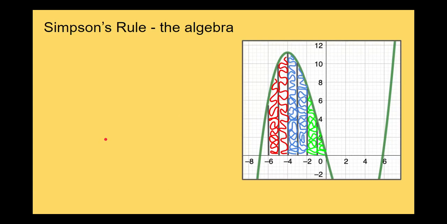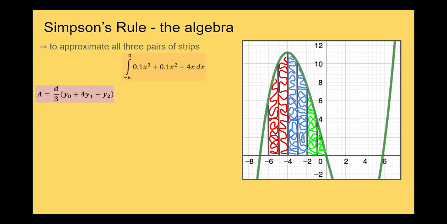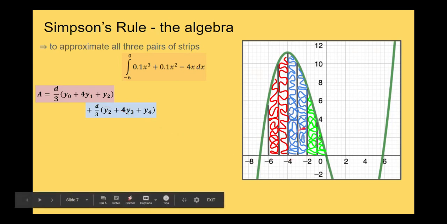So we're after all 3 of those pairs of strips. We want it between 0 and -6. There's our equation for the area under the first parabola for the first pair of strips, the red strips. This is the blue area.